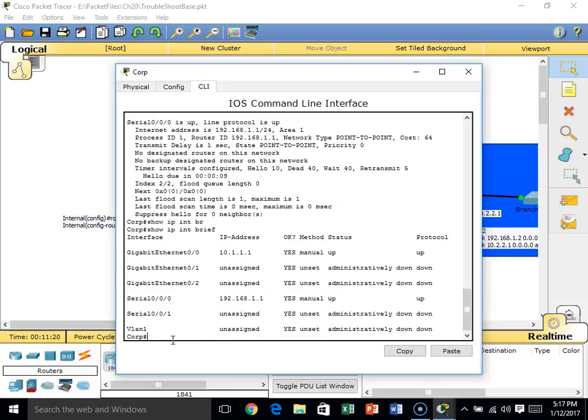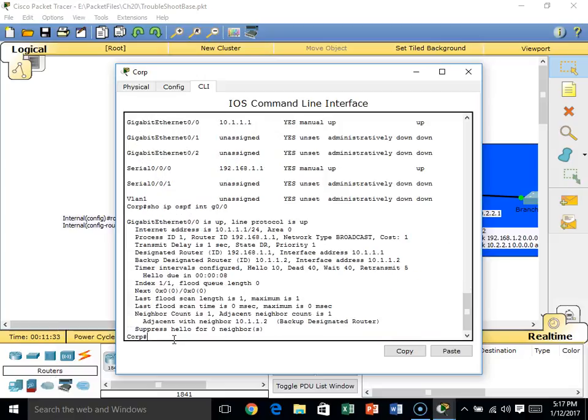Then he wants to do the same thing, show IP OSPF interface gig 0/0. We're going to go through a whole lot of the same thing. The cost here is 1 because this is a gigabit connection.